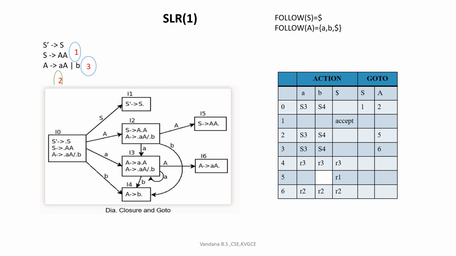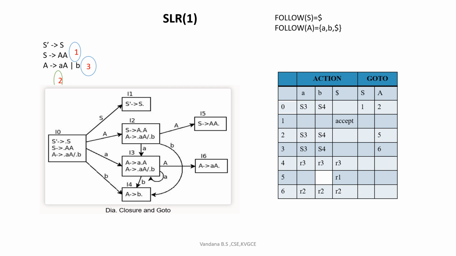What is follow of S? It is dollar. Hence, only the dollar entry contains the production R1. Similarly, I6 contains the final item. What is the production number? It is 2. What is the follow of B? A, comma, B, comma, dollar. There we have to write R2, R2, R2.